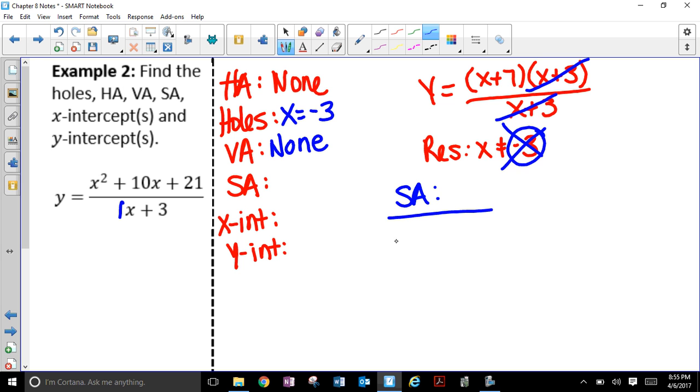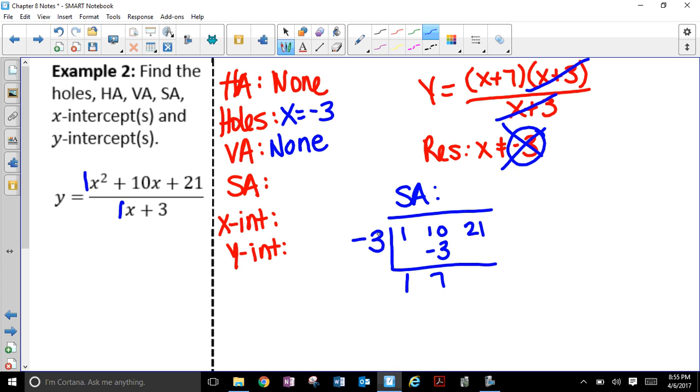So I'm going to write SA here so you know in my notes this is where it's coming from. So that's where you take the opposite of this bottom, so x plus 3, you're actually dividing by the -3. And then you take the coefficients of the top stuff, which is 1, 10, and 21, and put it in here. Then synthetic division says you carry that 1 down, multiply, and get -3. Then add 10 plus -3 is 7.